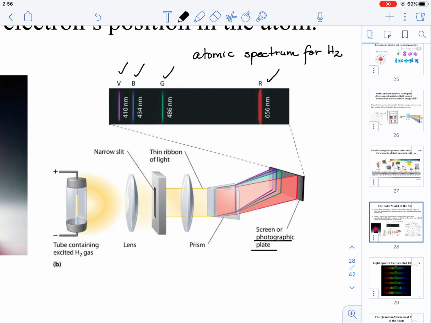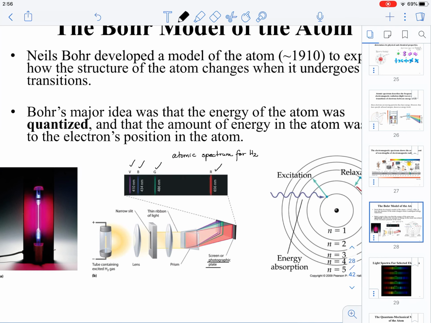Okay? Then he developed a set of equations to understand how the movement of the electrons within this ring system, these quantized energy levels, explain these colors that were captured.